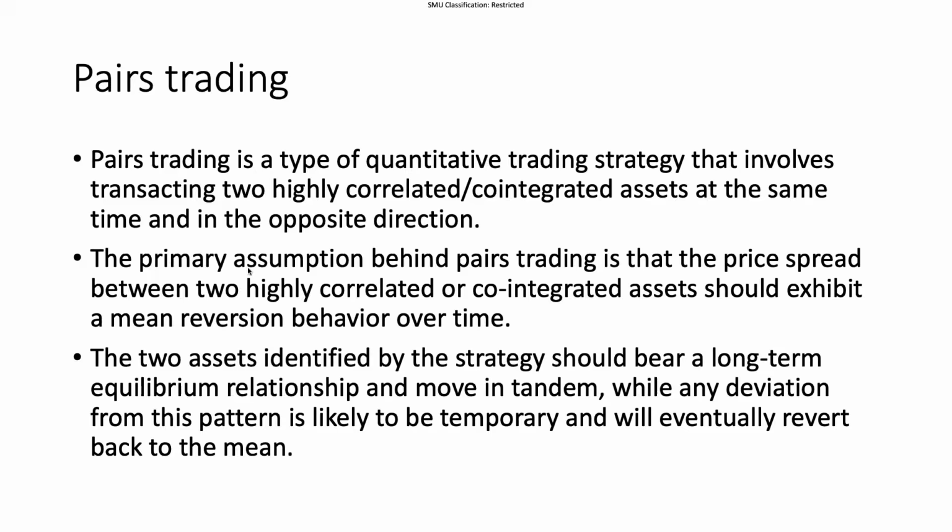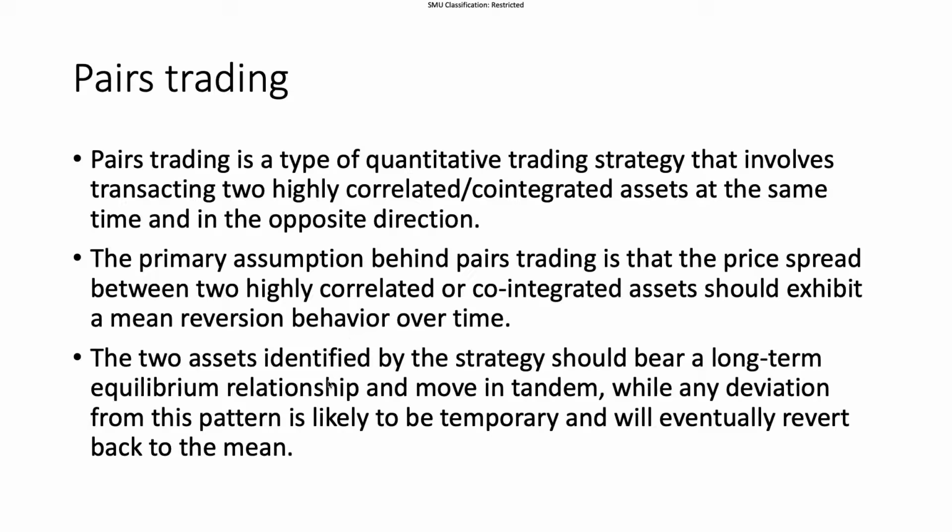And then our primary assumption is that the spread of the price between these two highly correlated or co-integrated assets will exhibit mean reversion behavior. In case of temporary market mispricings, the spread will diverge, and such divergence will only be temporary. So in the long run, they will revert back to their mean behavior.